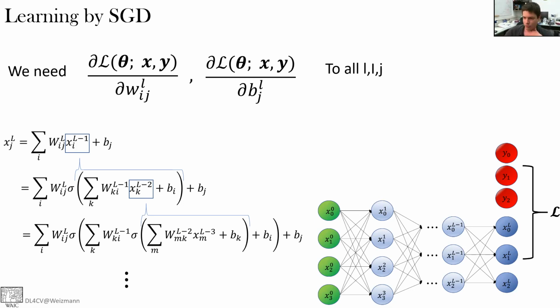And if you want to have the derivative with respect to some weight at the very early layer, you're going to have to make tons of calculations, and it's going to be not practical at all. So this is the problem that we're facing if we want to train a neural network using stochastic gradient descent.